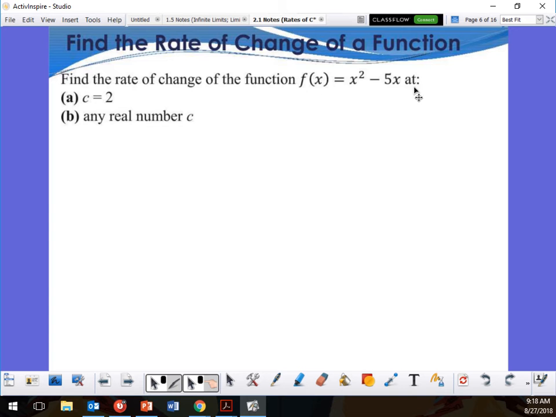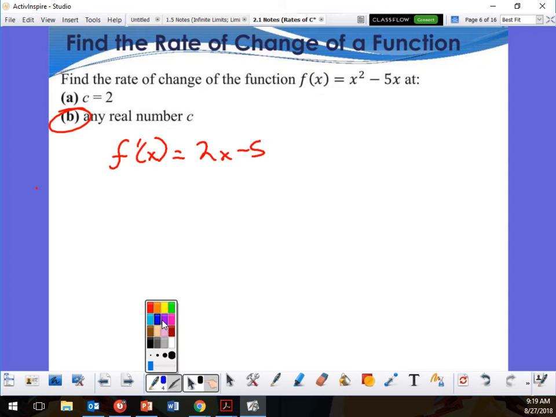So we're going to do this since we already know this. So basically, I'm going to have the derivative there. So f prime of x is going to be 2x minus 5. There we go. So this actually takes care of part B. And then part A would be f prime of 2.